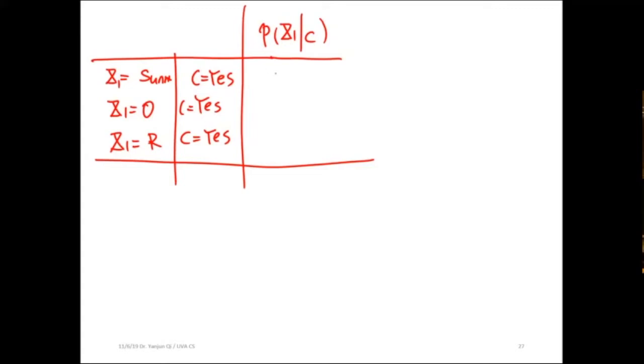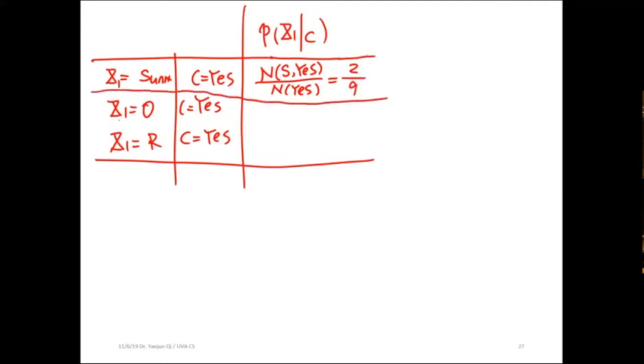Which is equivalent to the number of sunny and yes over the number of yes cases, which is, it's a little bit hard to count, 2 over 9. Yes, 2 over 9.